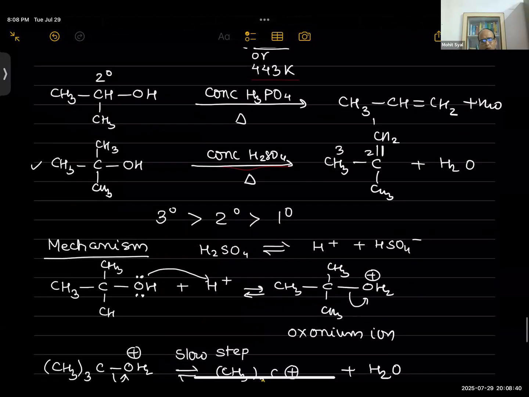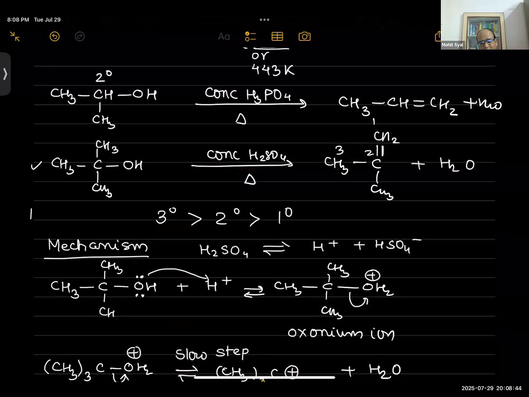This is the mechanism. What is the rate of dehydration?